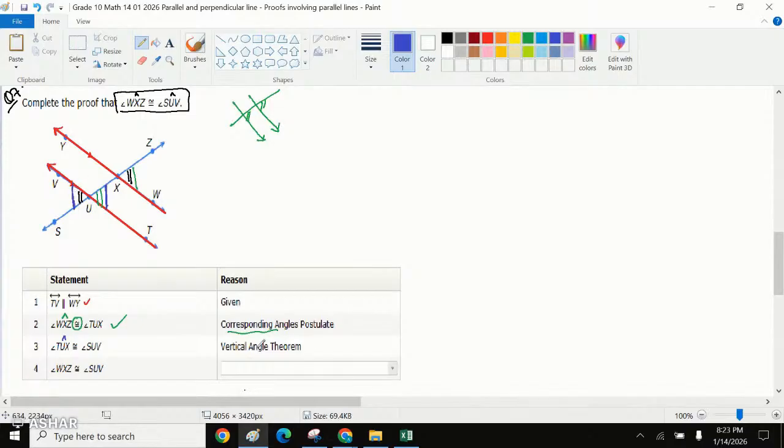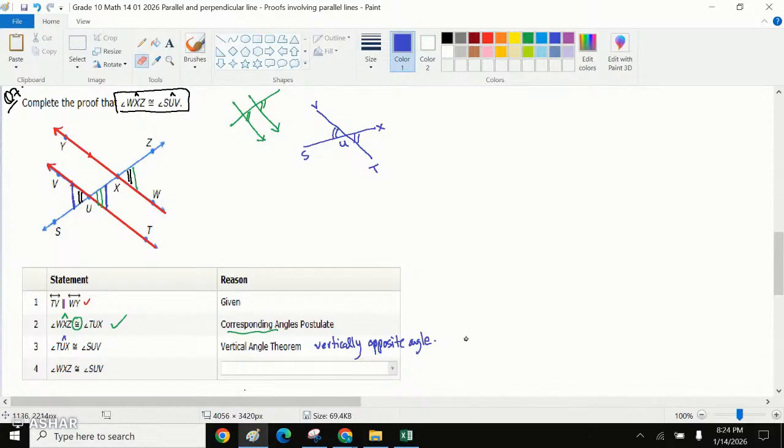Vertical angles, or vertically opposite angles. And this happens when we have a formation of X. So this angle would be equal to this angle, right? That is a vertically opposite angle. So we could have said this is SUV and this was TUX, right? So these two angles would be equal.